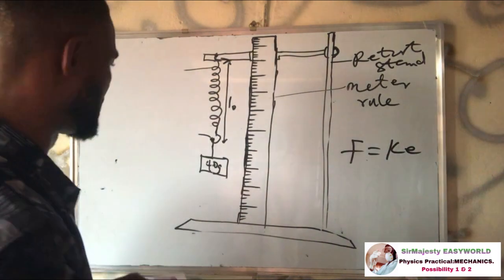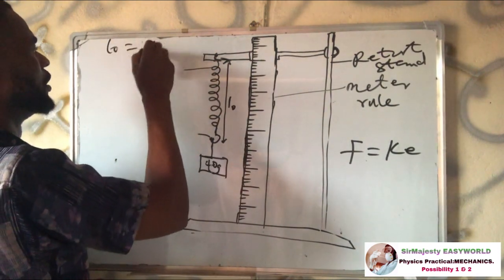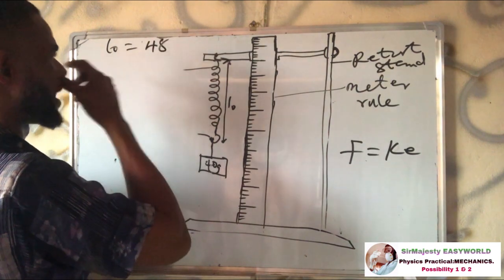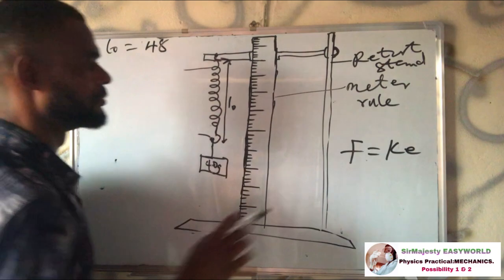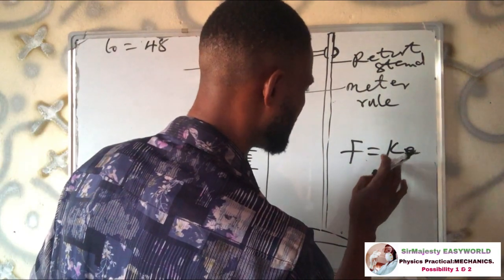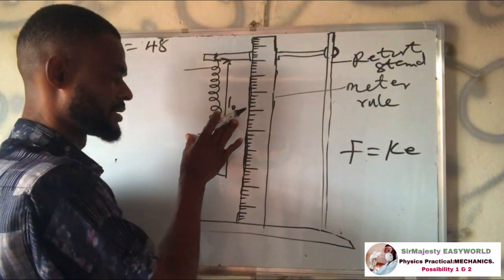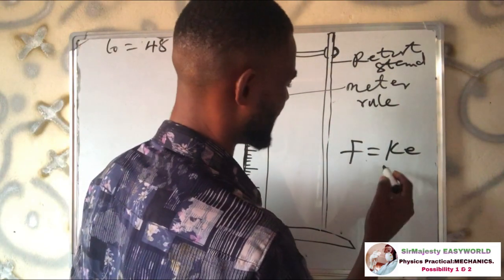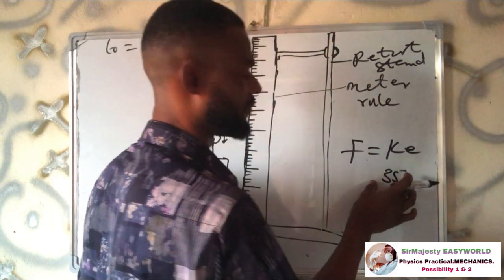So assuming my original length l0 of this spring is 48. Then the stiffness constant of springs of this nature is always 35.